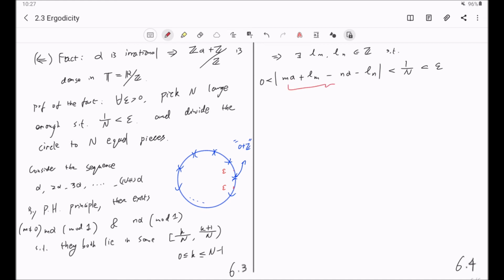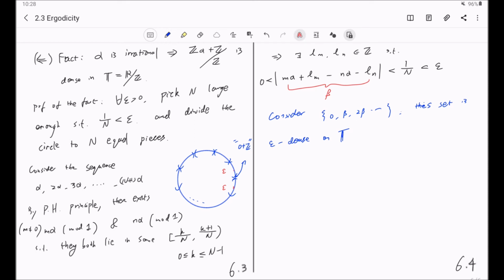So this part, let's denote this part by beta. And you consider the set 0, beta, 2 beta, and so on. And this set is epsilon dense on the circle T. What do we mean by epsilon dense?